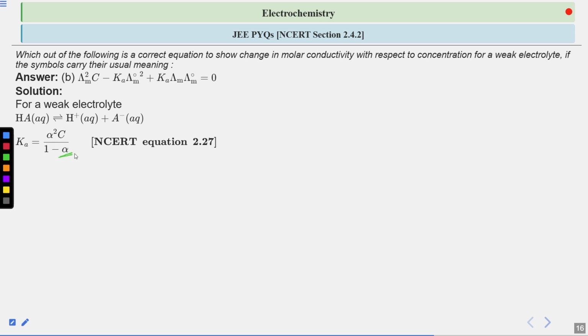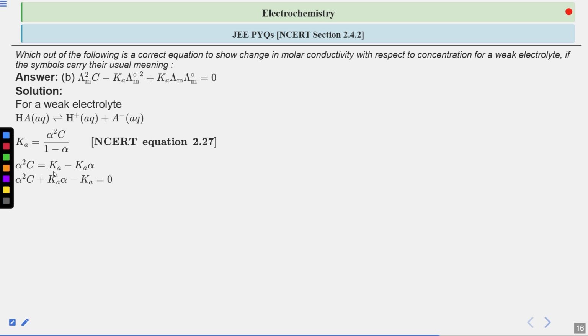Alpha represents the degree of dissociation, and this is the equation mentioned as 2.27 in our NCERT textbook. Now when you solve this, it will be alpha square C equals Ka minus Ka alpha, right?